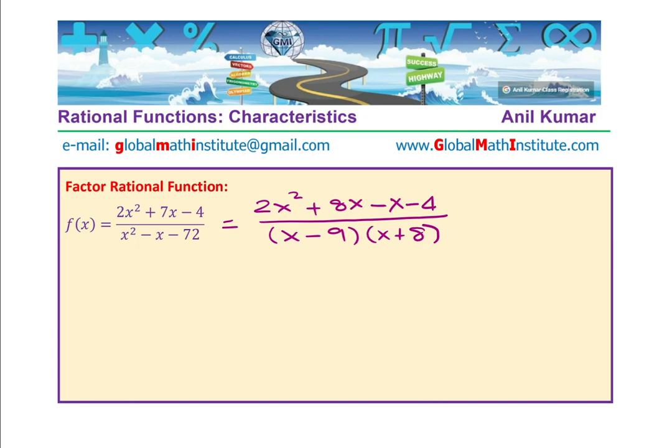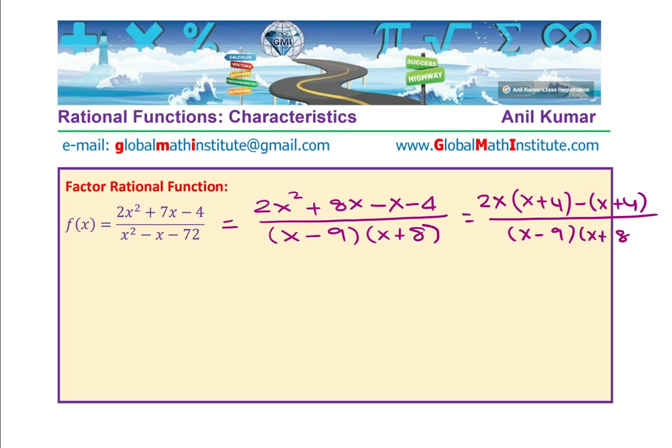Let us complete the factoring in the numerator. You can always take 2x common, and then you get x plus 4. Here we can take minus 1 common to get x plus 4. Denominator being x minus 9 times x plus 8.